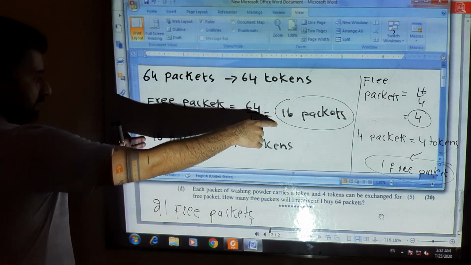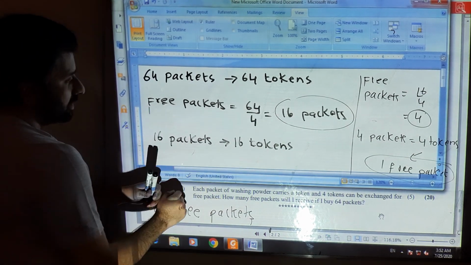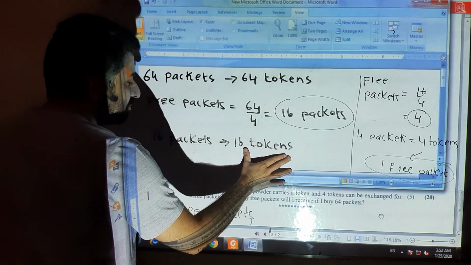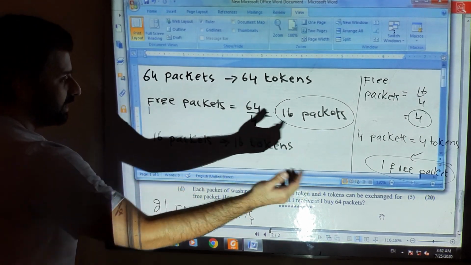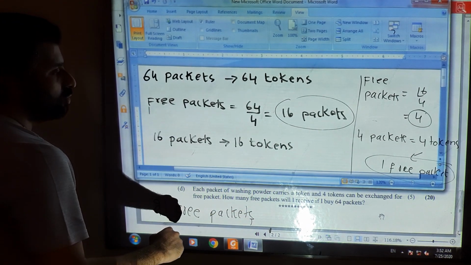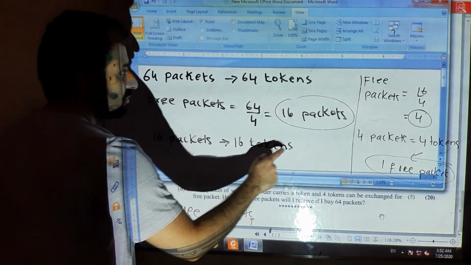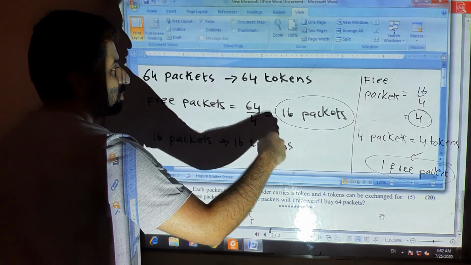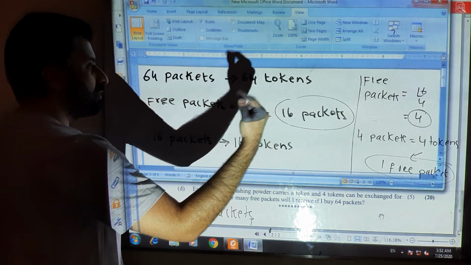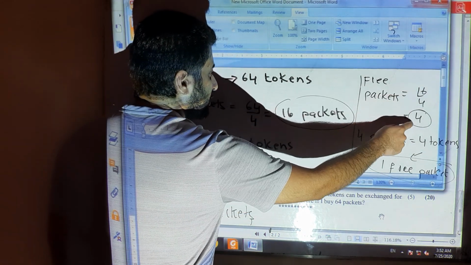Now these 16 packets have 16 tokens, and from these 16 tokens you can get further packets. So free packets from these 16 tokens will be 16 over 4, because 4 tokens are exchanged for 1 packet. So 16 over 4 is 4.